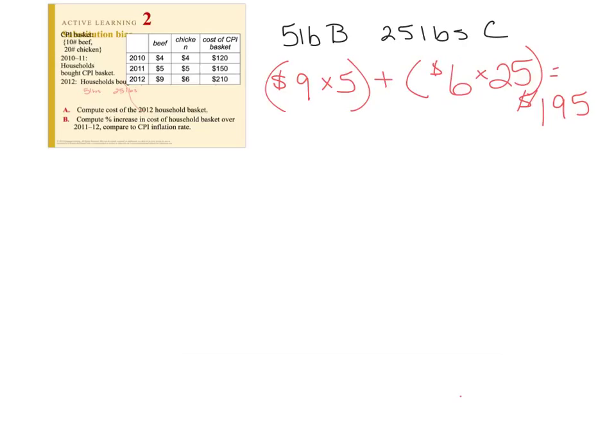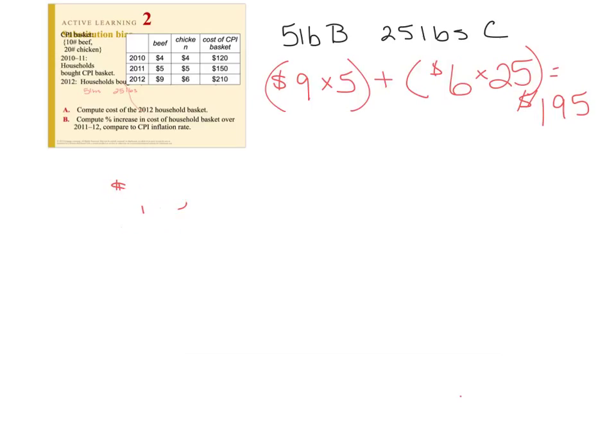The next part of the problem is we want to compute the percent increase in the household basket. Recalling what our household baskets are, we're just going to compute a percent change here.